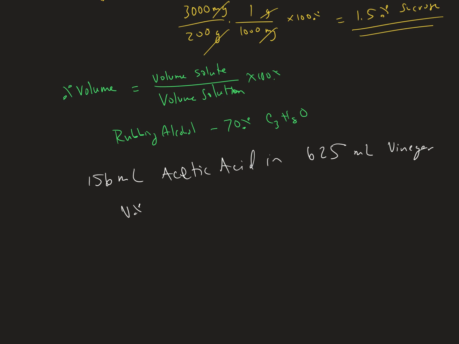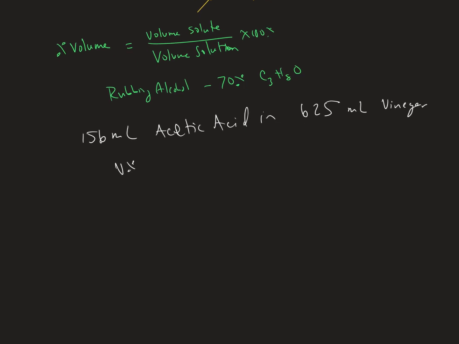So tell me what to do. 156 milliliters over 625 milliliters. Don't be afraid to write those units down. We can see that they do cancel, but we need to see that. Otherwise, if they don't, well, we can't see it anyway. And then we're wrong. Then don't forget to multiply by 100.